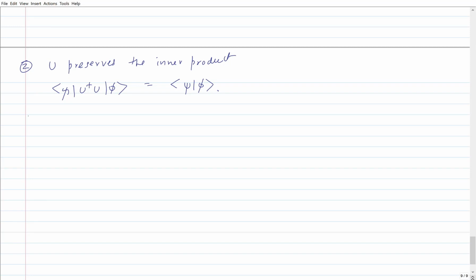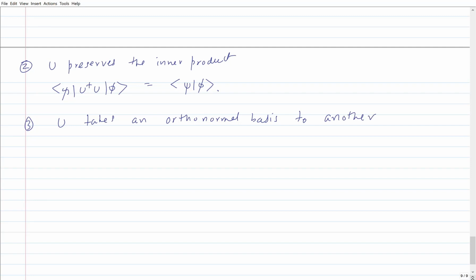Also, U takes one orthonormal basis to another orthonormal basis.